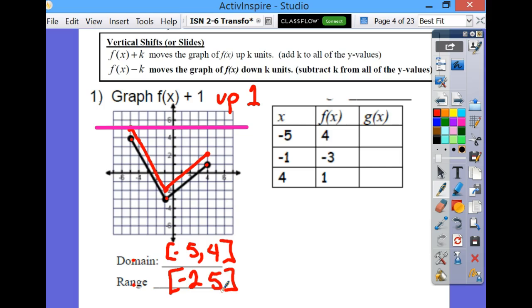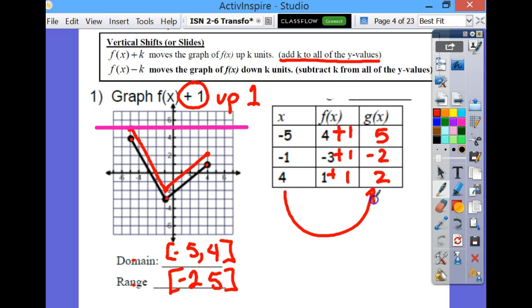I didn't use any tables to figure any of that out, but you can figure that out using tables. You can add this number to all the y values, add this 1 over here. So this would be 5, this would be -2, this would be +2. And so this red graph right here goes with these x values and these y values.